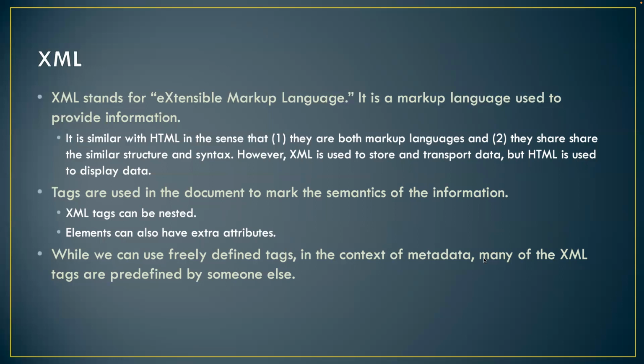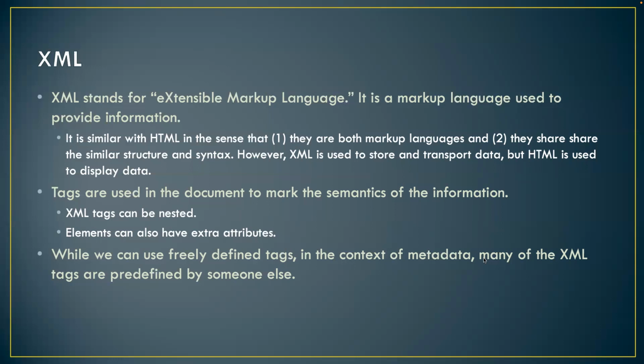And the other thing is XML also uses attributes to add more information to the elements, and we will see more examples on the next slide. So don't worry too much if this does not make sense to you.